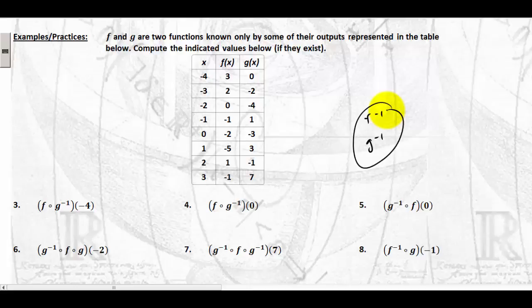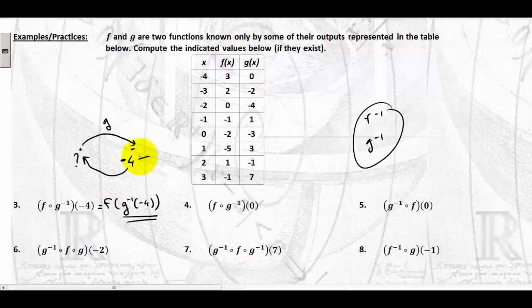Okay? Alright, so what is, for example, f of g inverse at negative 4? So you know what it means. It means f of g inverse at negative 4. So g inverse at negative 4, okay, you look at g, it goes from I don't know what to negative 4, right here, that's g, and g inverse of negative 4 is going to go back to I don't know what.